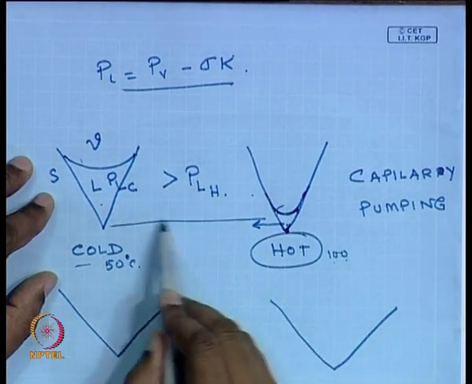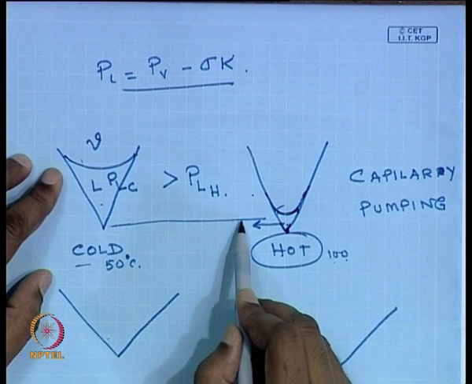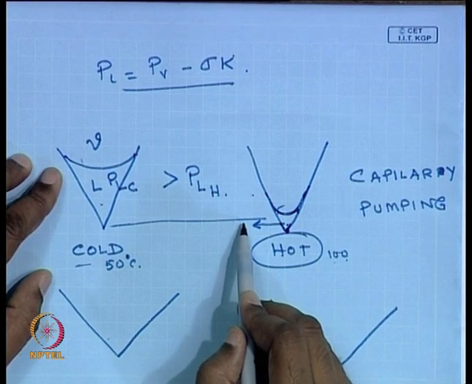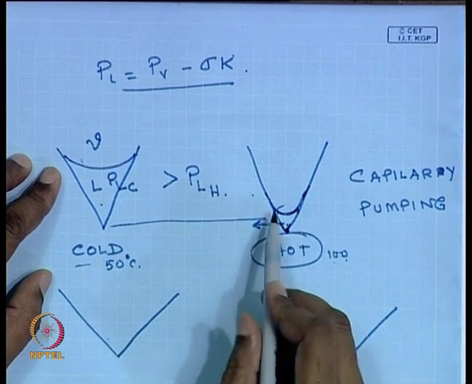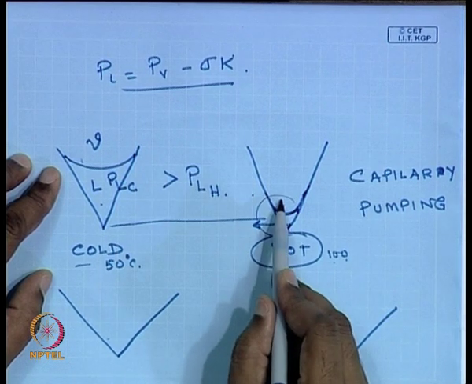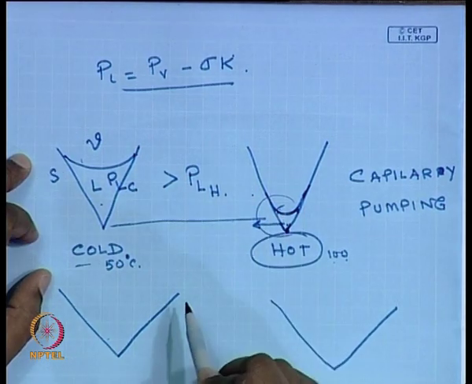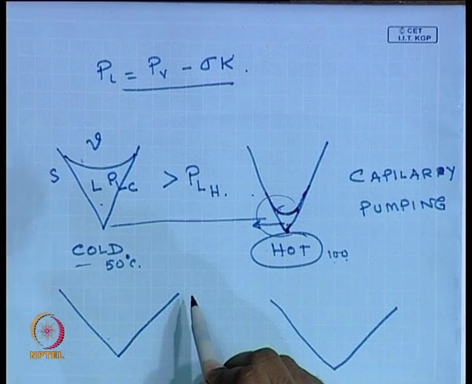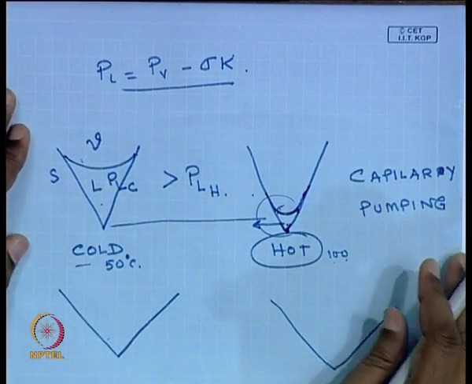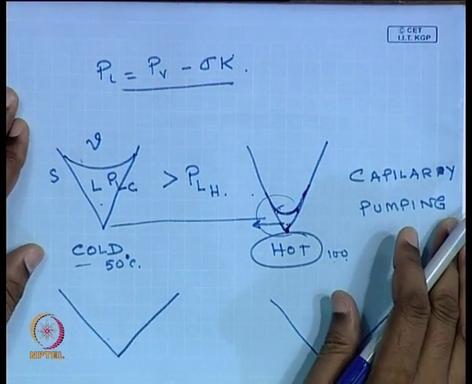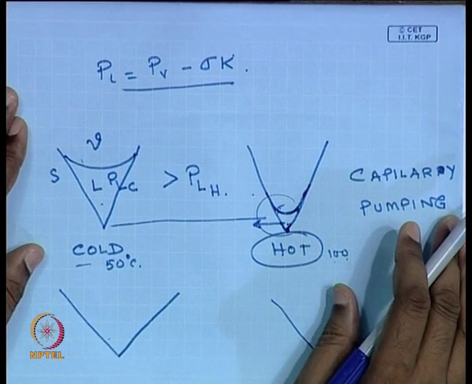So, part of the heat pipe is going to be dry, part of it is going to be irrigated by the liquid, which is definitely something that you do not want, because the temperature of this end will increase dramatically and the entire device would fail. So, this is known as the capillary suction failure, or capillary limitation, of such a device.